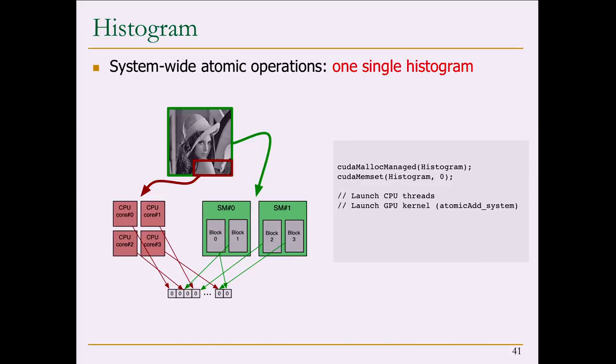Still, we can have some input partitioning, and in this case it is a kind of static partitioning, because we divide the image in the beginning into two separate parts, and CPU and GPU take care of the corresponding part only. But they are using one single histogram allocated in unified memory, and by using the system-wide atomic operations, you see here this atomic add system, they are directly updating the output histogram. So no need for the double allocation of the histogram and the later merging.